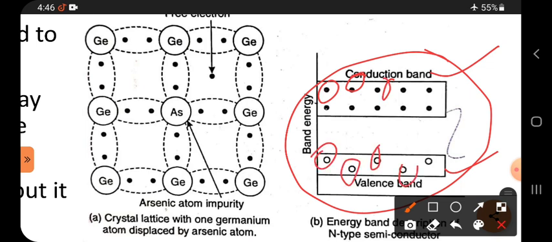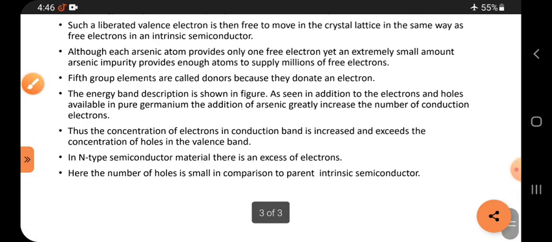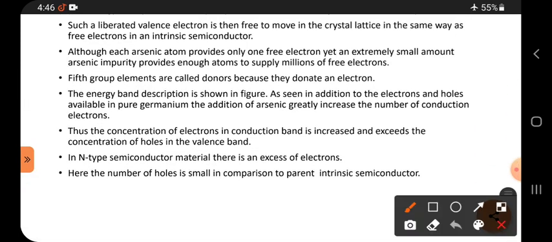Holes are present. Okay, as seen, in addition to the electrons, holes are available in pure germanium. Just now we have seen in the valency band holes and in the conduction band electrons.